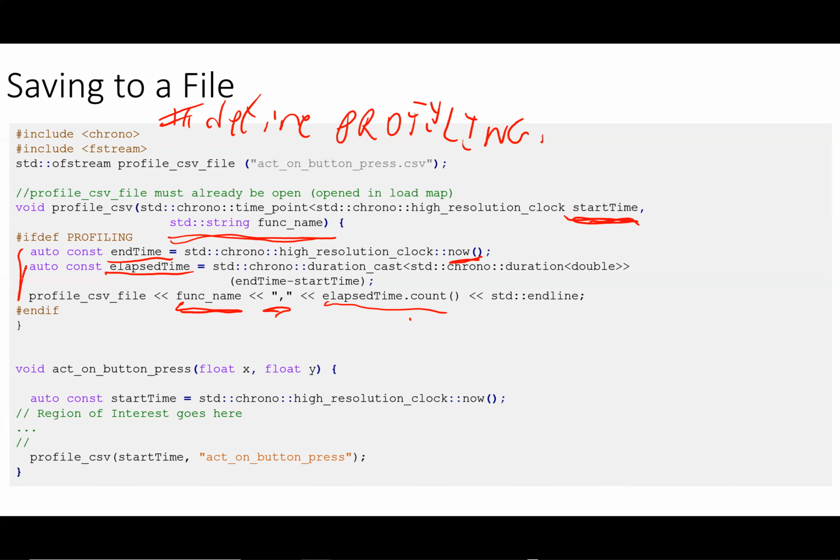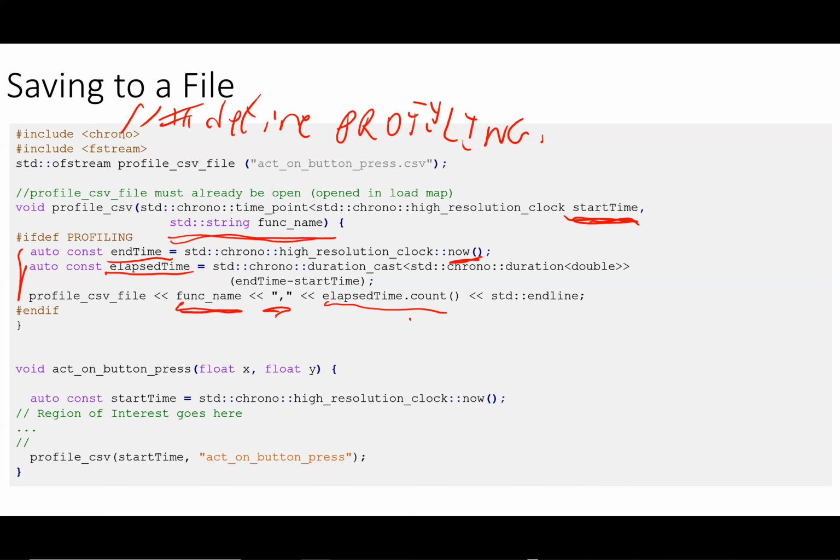If I comment this line out, then these lines will not be compiled. They will not exist in my program. So this is a convenient way to put extra debugging or monitoring code in your program that you can turn off really easily. If I decide I don't want to print this file, because maybe I submit and I'm worried about generating lots of output, because maybe that'll slow me down a little bit, I can turn it off really easily with just one if-def.